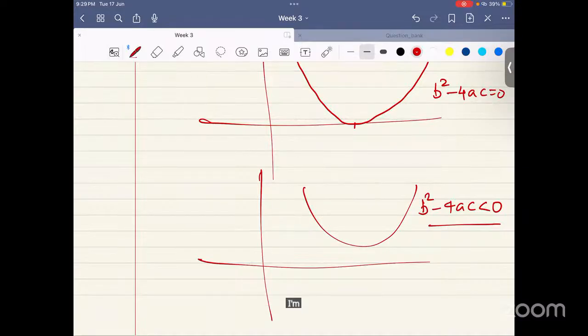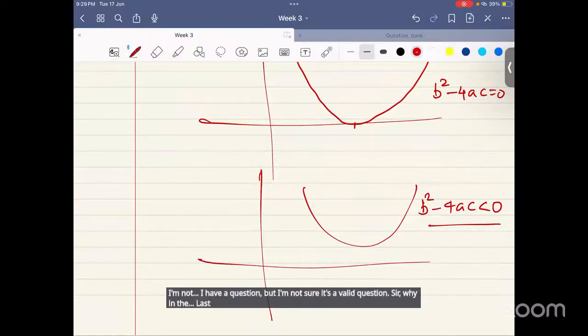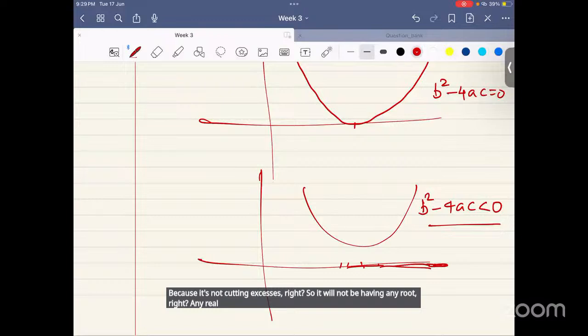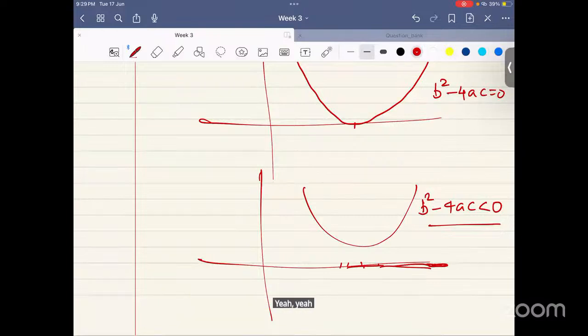Sir, I have a question, but I'm not sure it's a valid question. Why in the last figure did people already guess that it will be less than 0? Because it's not cutting the x-axis, so it will not have any real root. A real root is where the function crosses the x-axis. If the function is not crossing the x-axis, it doesn't have any real root.